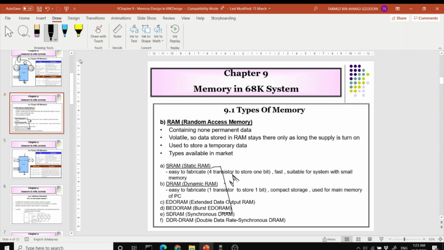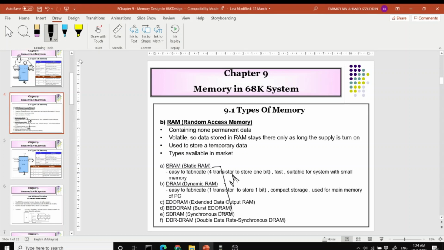The DDR RAM I've shown here can also be considered old, because nowadays there are a lot of types of DDR RAM. We have DDR1, DDR2, DDR3. Now the most recent, I can say, is DDR5 RAM, which is the fastest in the market.